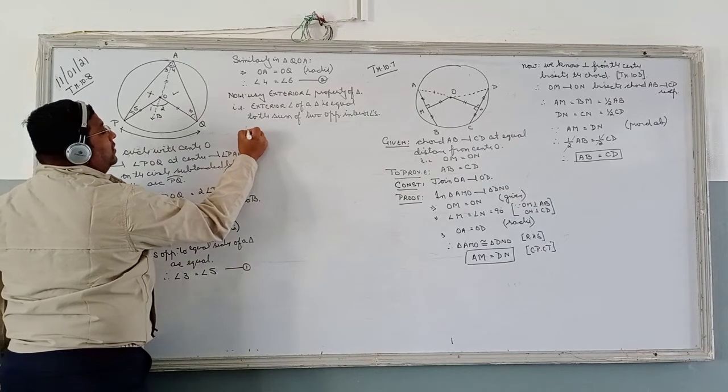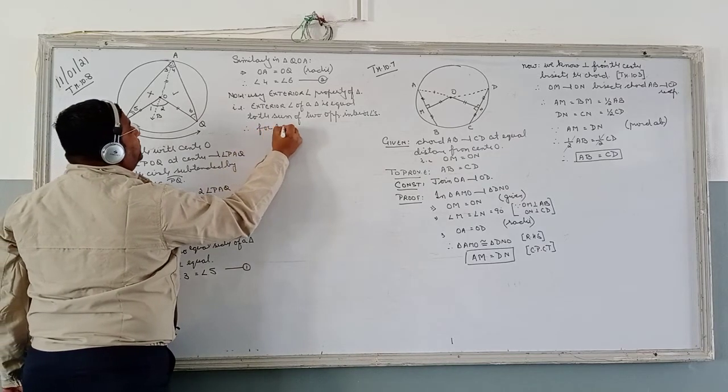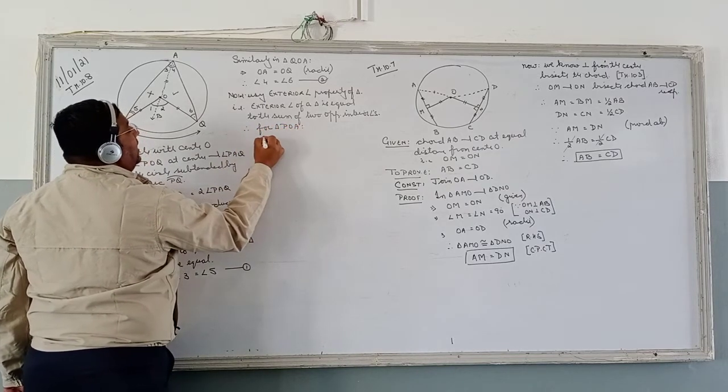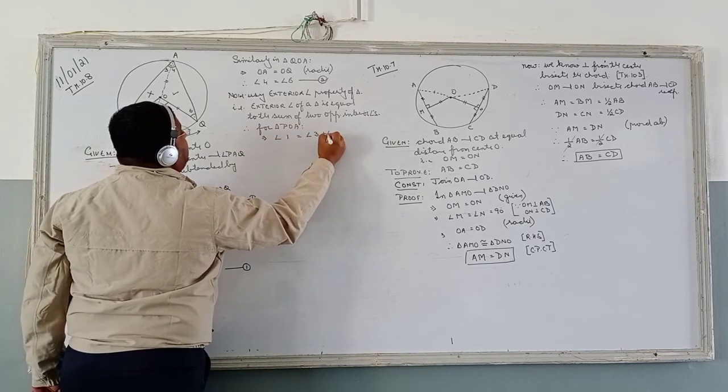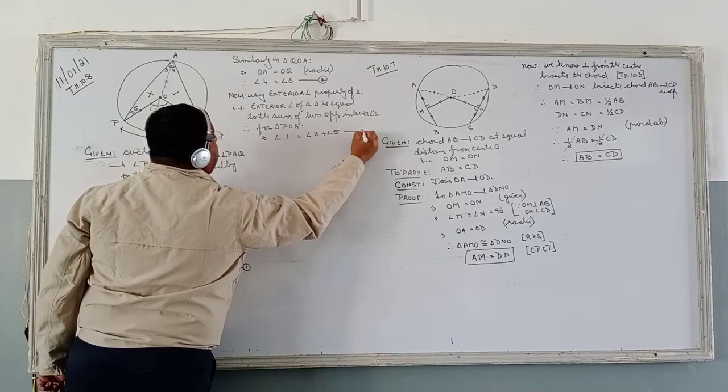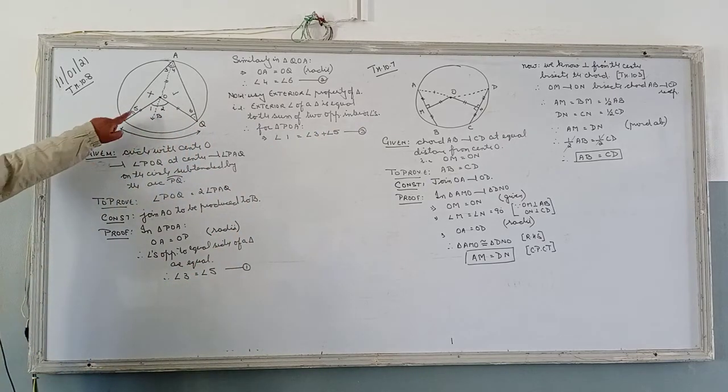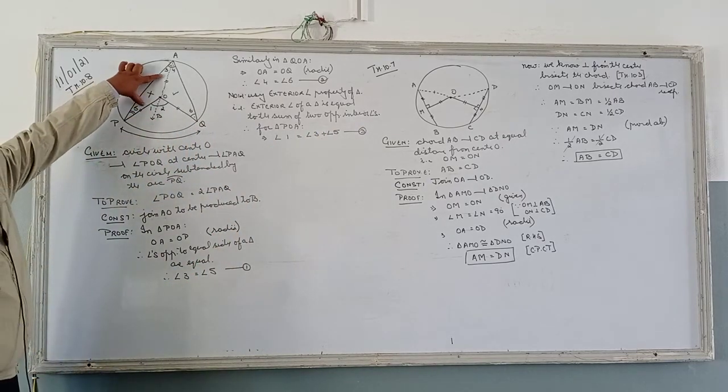So therefore, for triangle POA, angle number 1 is equal to angle number 3 plus angle number 5, equation number 3rd. Check. Angle number 1 is equal to 3 and 5.